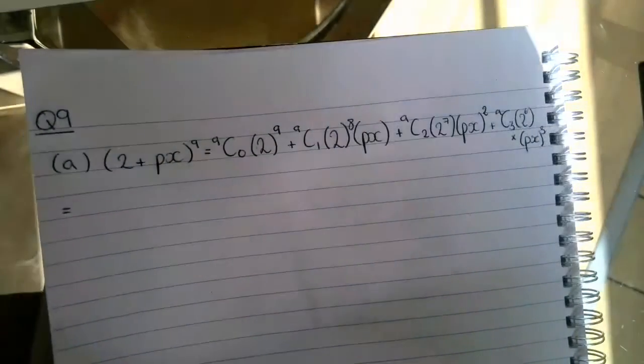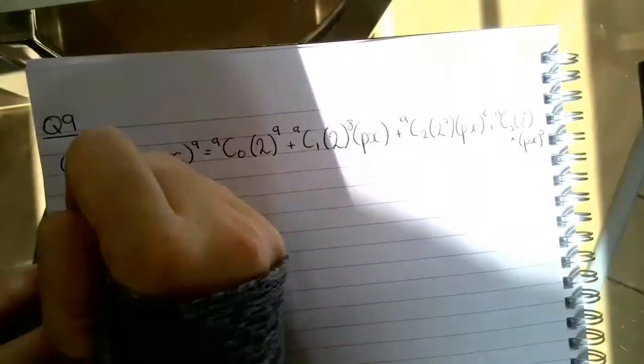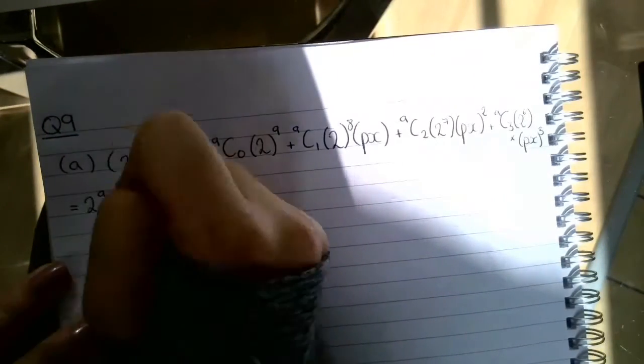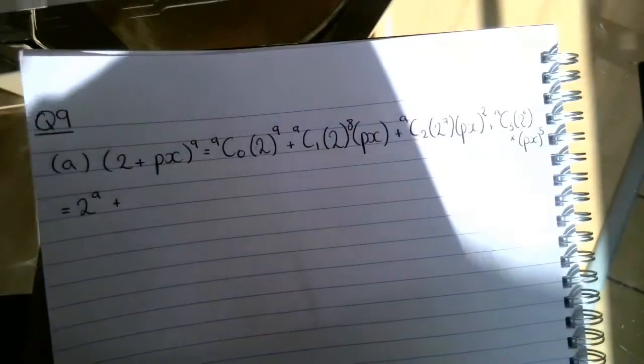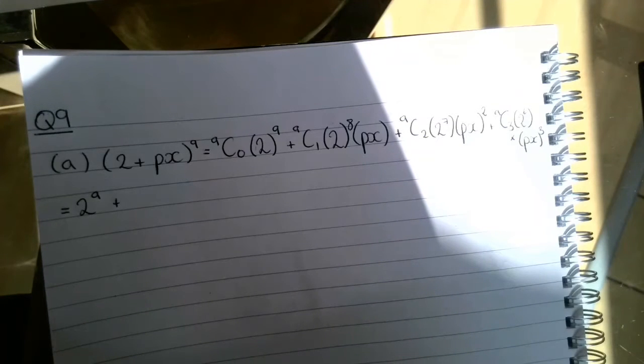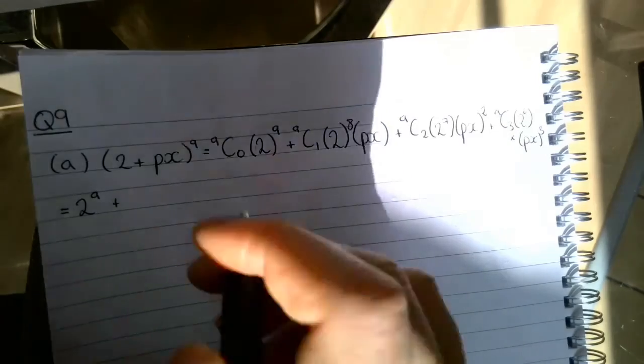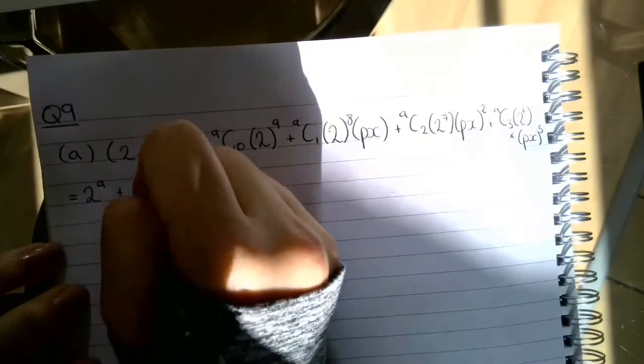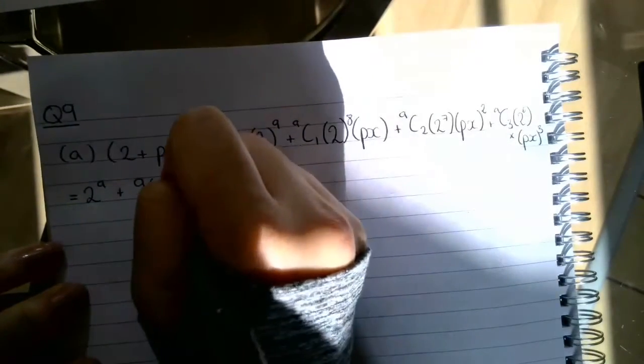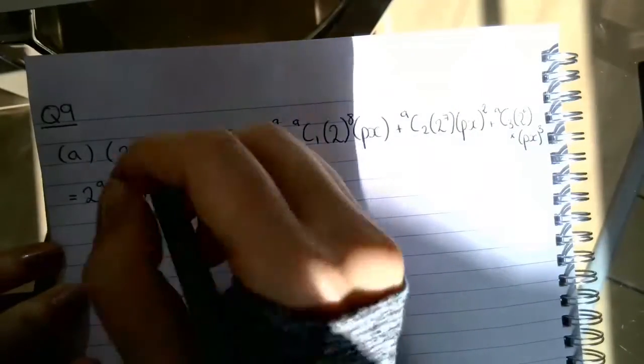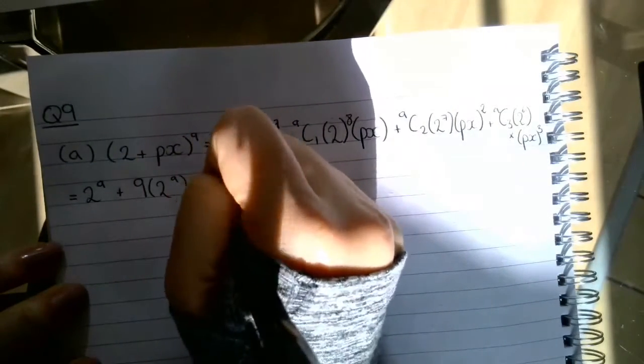So that's equal to 9 choose 0, that is equal to 1, so we've just got 2 to the power of 9 there, plus 9 choose 1, that is equal to 9. So we've got 9 lots of 2 to the power of 9 times by px.